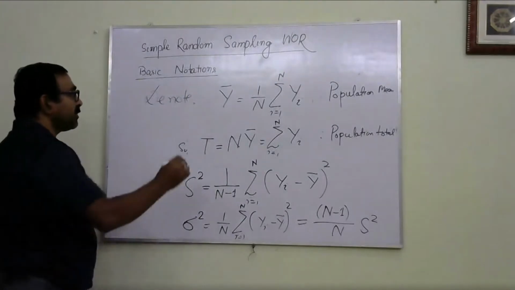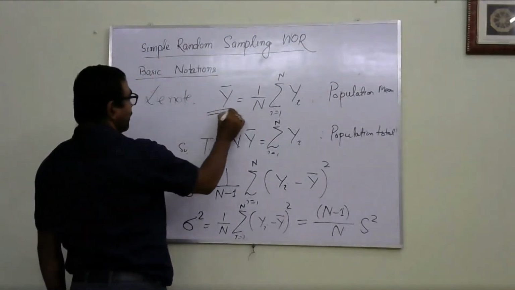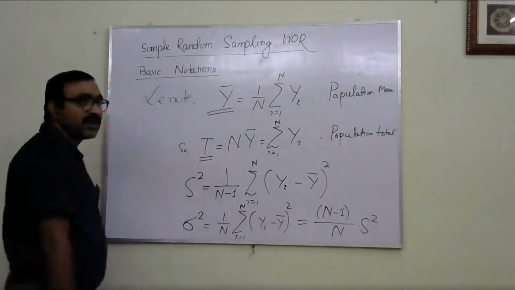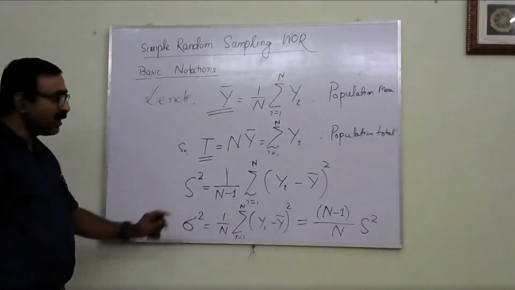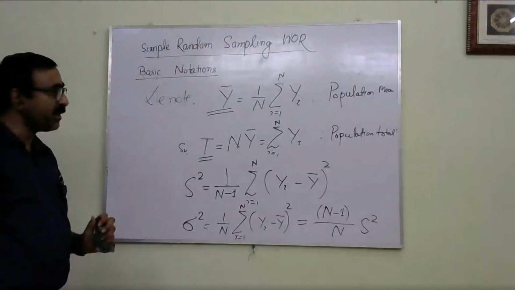Now our objective is to estimate the population mean Y bar and the population total T, or the population mean square S square, whatever the case may be.